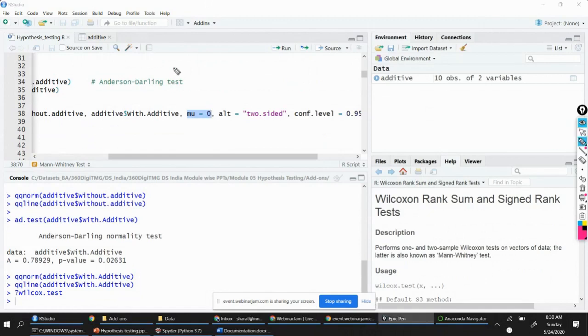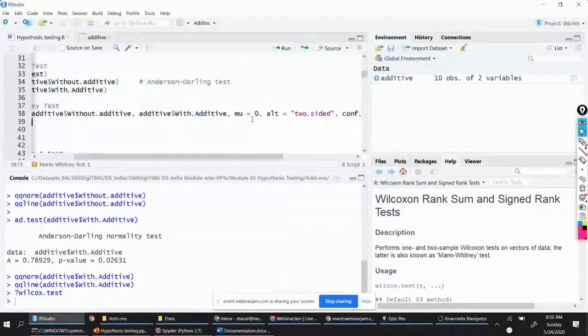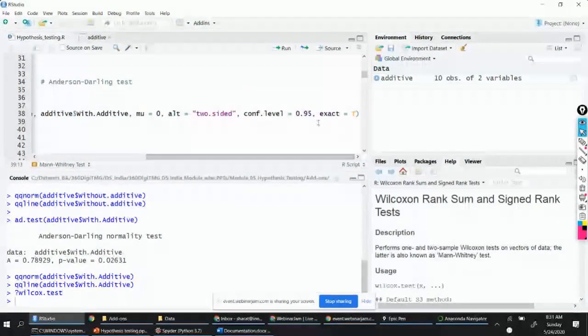That basically means the null hypothesis says that median of regular fuel minus median of additive fuel is equal to 0, which basically means these medians are equal, right? So that is written here. Median is equal to 0. And then we have two-sided test, not equal to, and the confidence level is 95%.